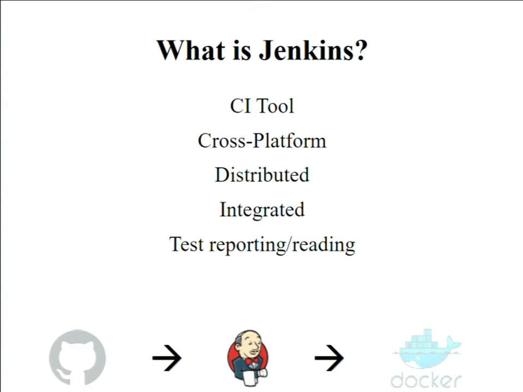We have some that are Linux and some that are Windows. If you have a job that needs a Linux environment, you can use a Linux slave. If you need a Windows environment, use a Windows slave. And there are a lot of different versions of Linux.